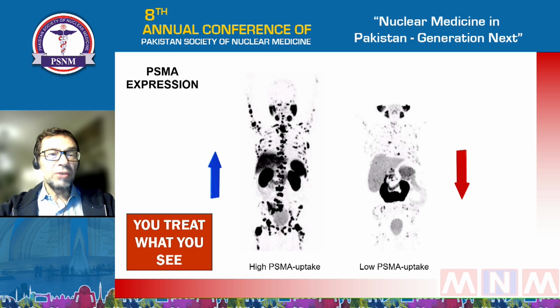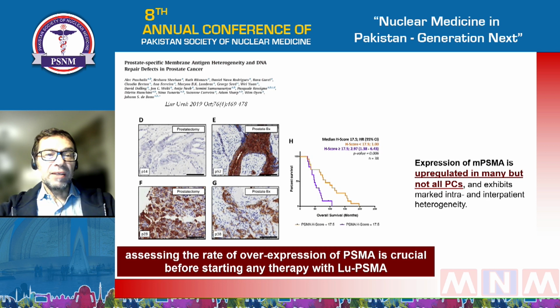What you don't do is treat patients like the gentleman on the right, with a very low expression of PSMA. So essentially, you treat what you see. And don't forget that not every single cancer cell expresses PSMA. There is always a small percentage of patients with no overexpression of PSMA, like 5% of gentlemen who cannot be treated simply because they don't overexpress the target.